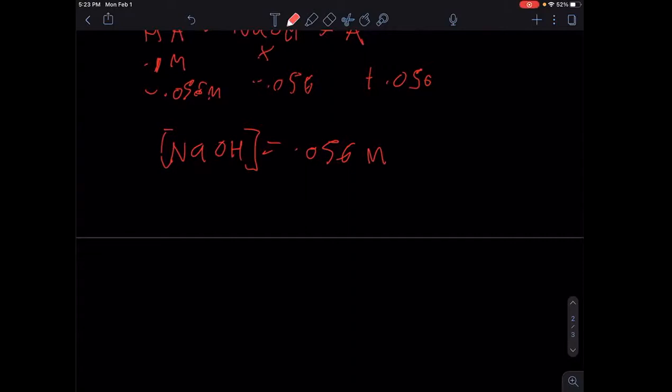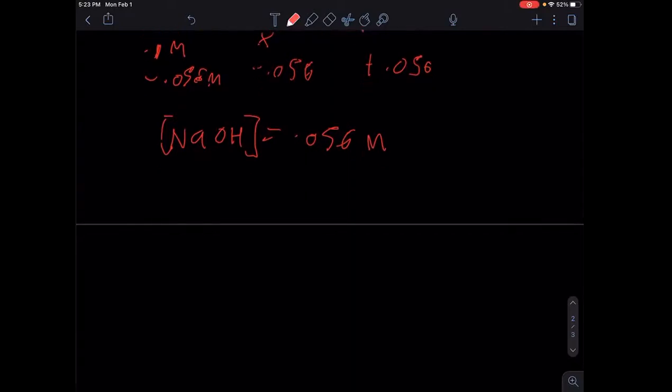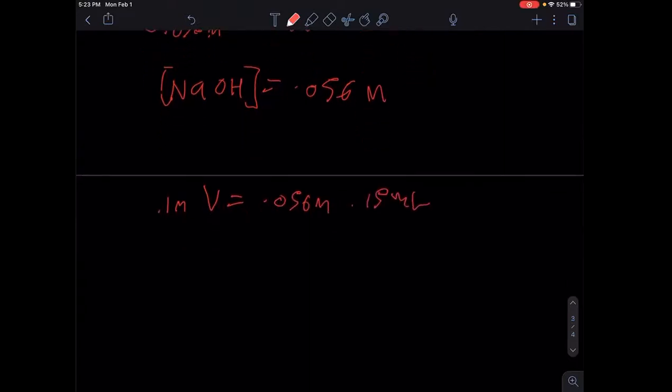15 mL is just the volume of the things we have in the beaker. Okay. Yeah, that's what I was doing. So it's 1 molar times however many volume equals 0.056 times 15 milliliters.